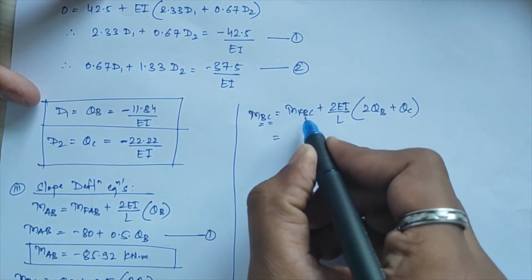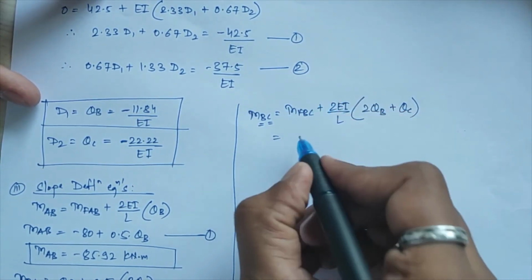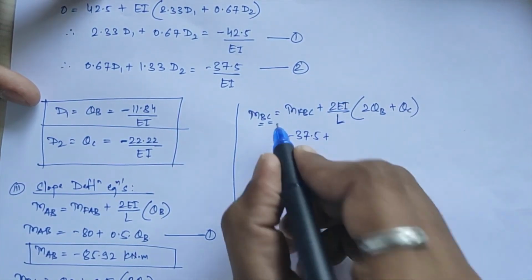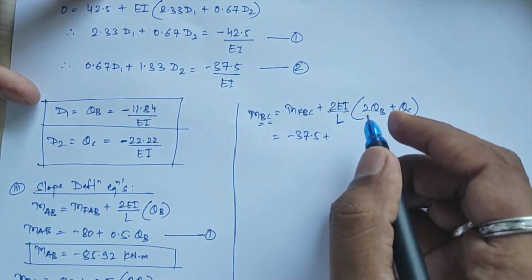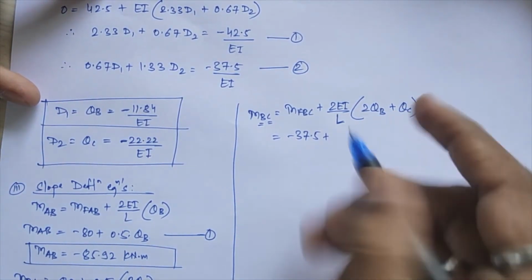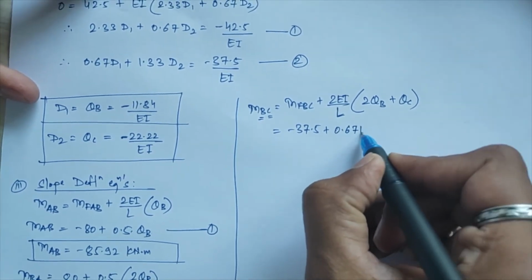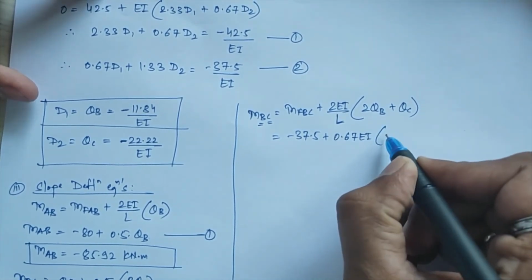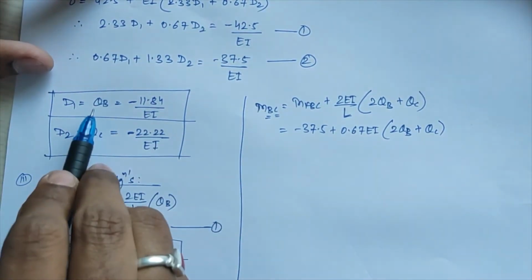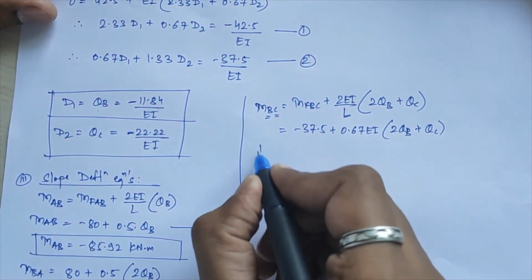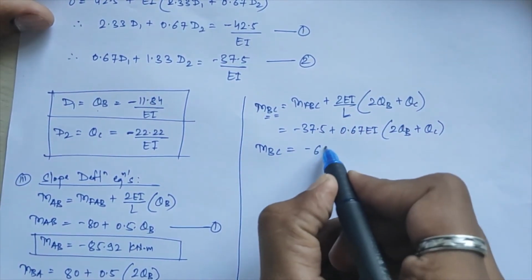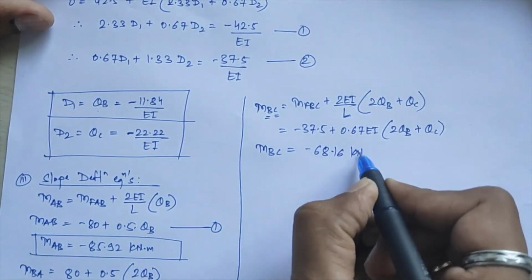So if I substitute MFBC, I am getting minus 37.5 plus 2EI upon L. L for BC is 3, so 2 by 3 will become 0.67 of EI into bracket 2 theta B plus theta C. Here you substitute both the values of theta B and theta C. I am getting MBC as minus 68.16 kilonewton meter.